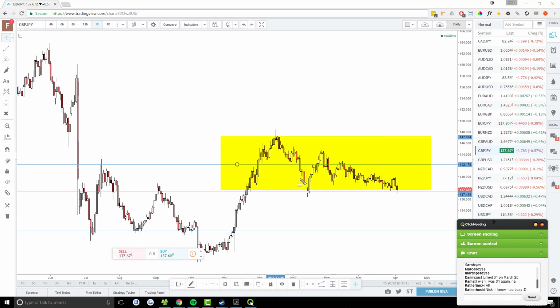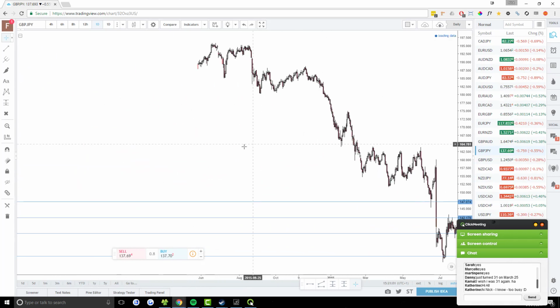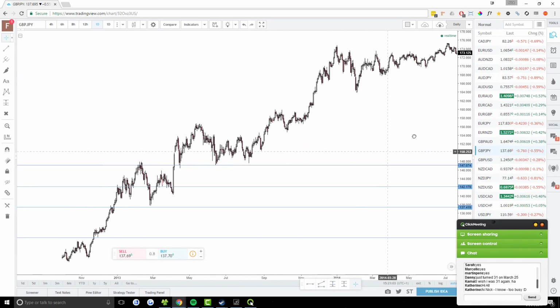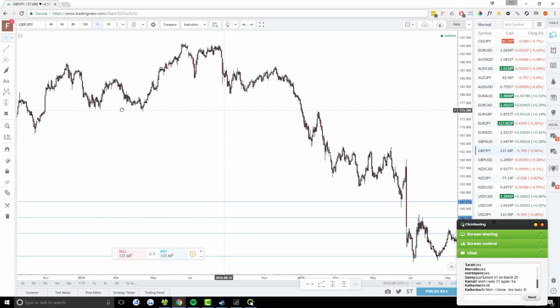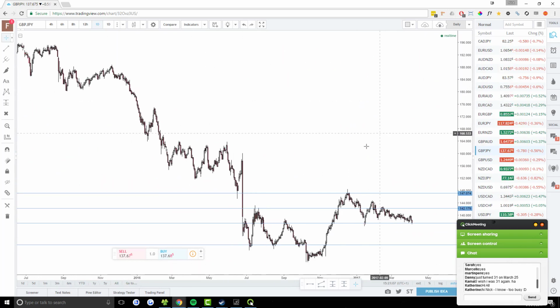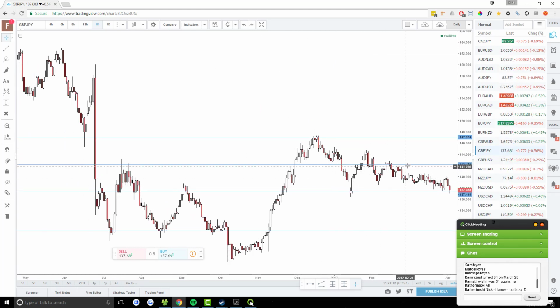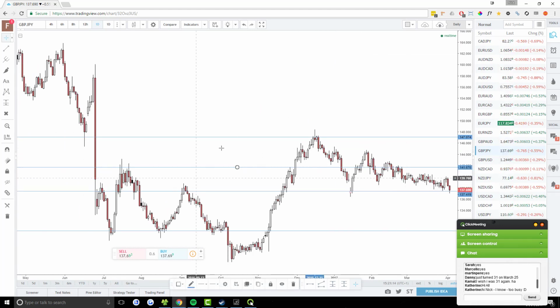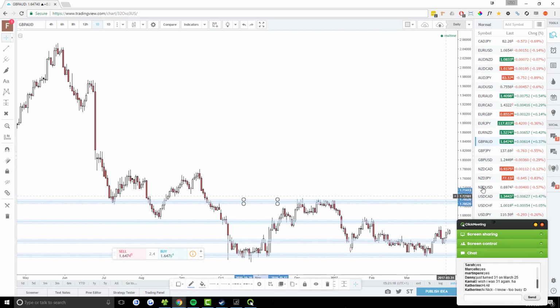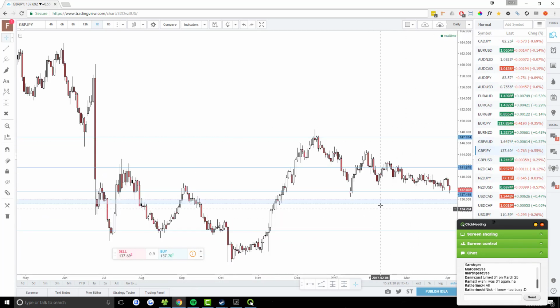In this zone, it's very hard to get good support resistance areas. After Brexit, this pair has just become a bit of a mess. But I'm just going to go with these for now.